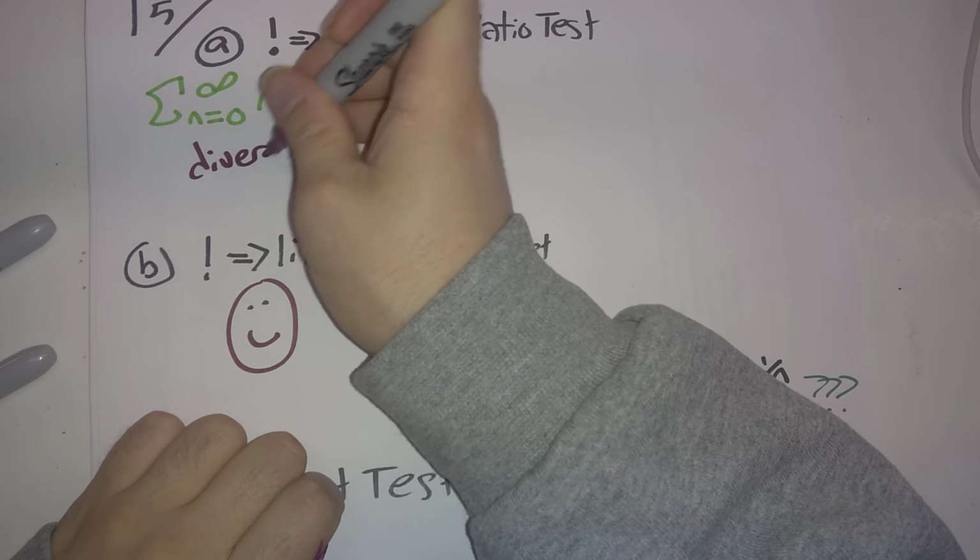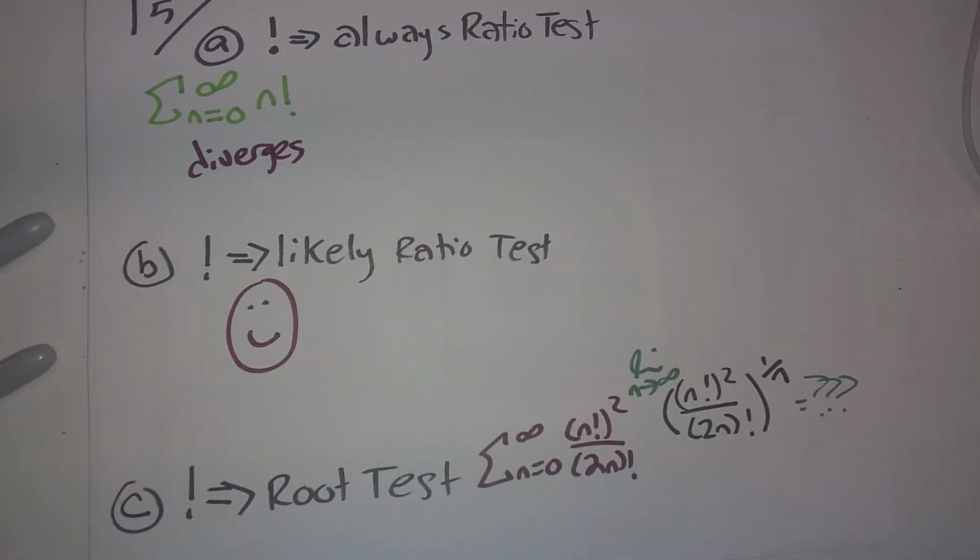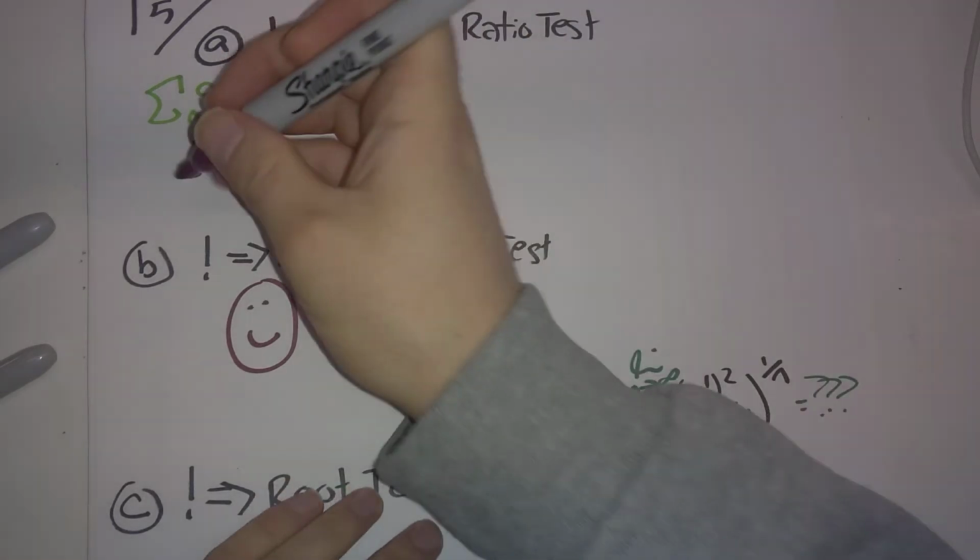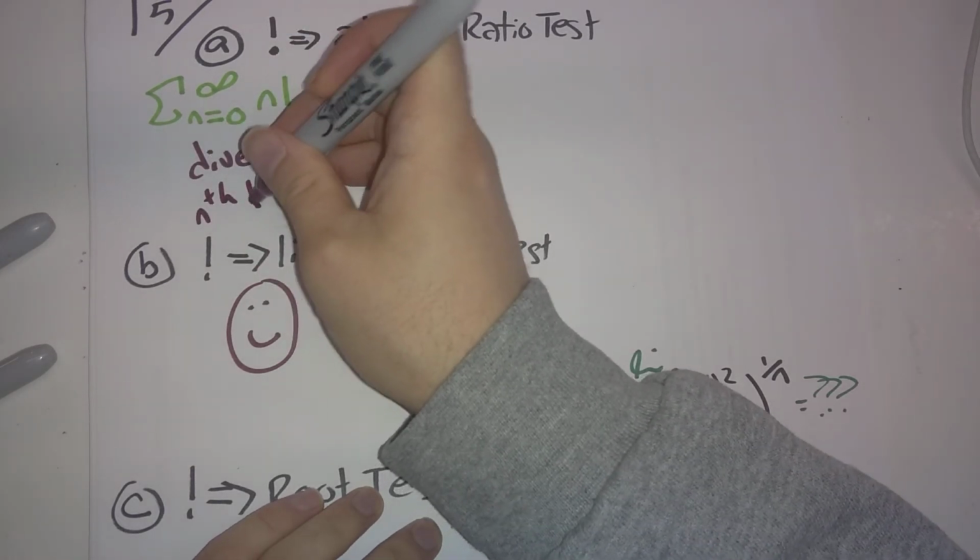And in fact, if you use the ratio test, you'd show that it diverges, and it would probably take you 30 seconds to do that. However, if we use the nth term divergence test, instead of taking 30 seconds, we can take 5 seconds to do that. Just look at it. n factorial doesn't go to 0 as n goes to infinity, therefore it diverges by the nth term divergence test.